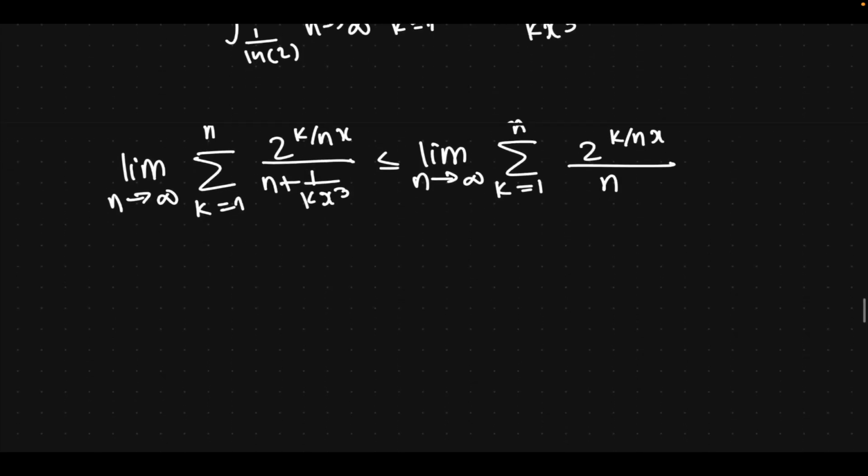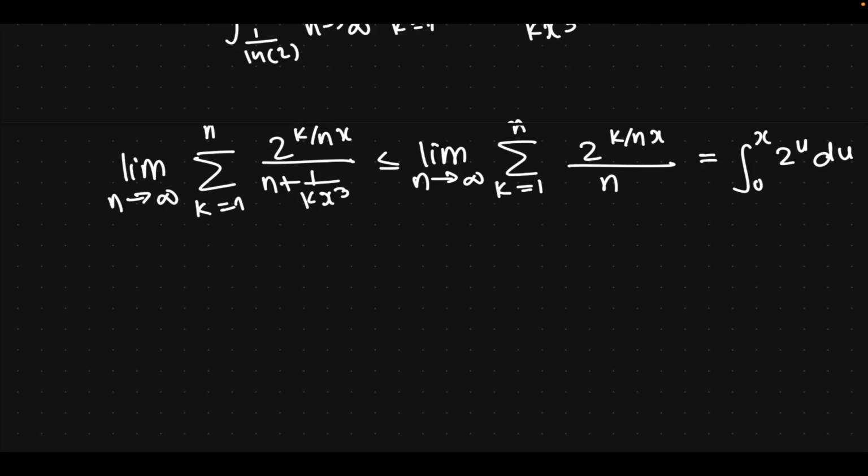This is totally fine because n is less than this term here, and therefore the fraction is greater. And this is actually just the Riemann sum, integral 0 to x, 2 to the u du.